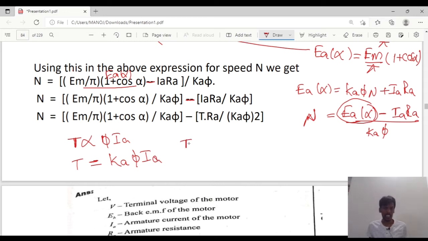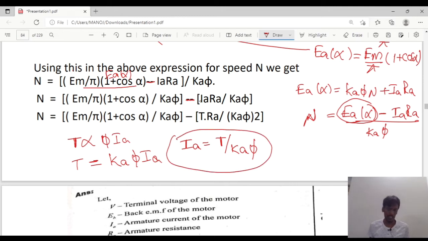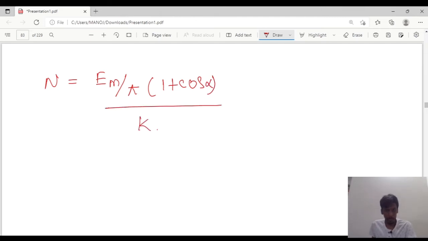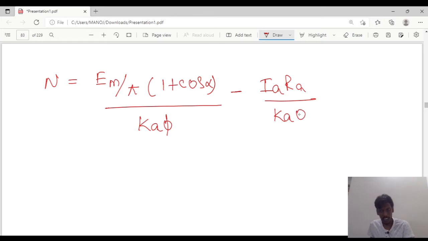If I make Ia the subject, Ia is equal to T by Ka pi. So in terms of Ia, I have represented it as T by Ka pi. So the speed equation is N equal to Em by pi (1 plus cos alpha) by Ka pi, this is one term, minus Ia RA by Ka pi, this is another term.